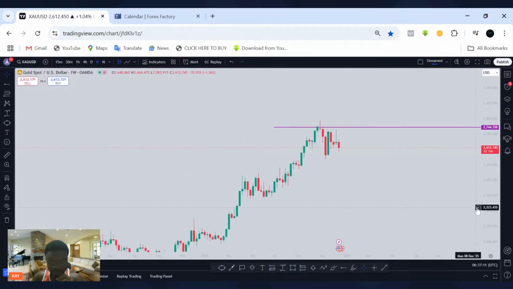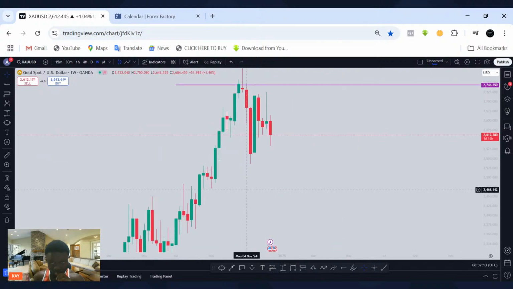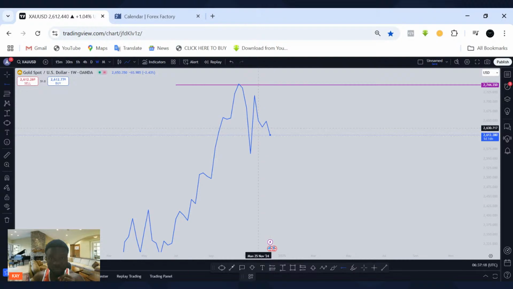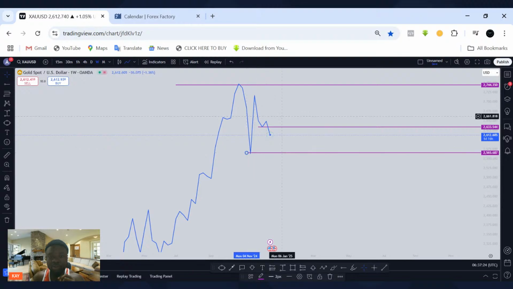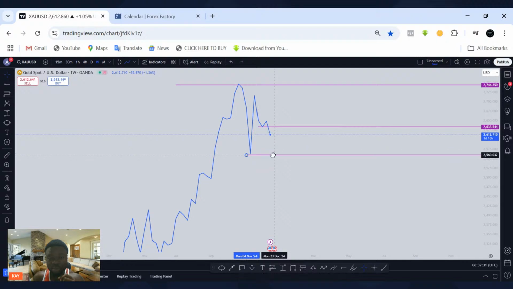Moving to the weekly time frame, we have this support over here. We have this resistance rather, because price has broken below, so this point becomes resistance. We have this support over here too.